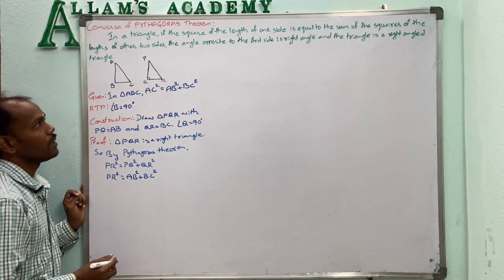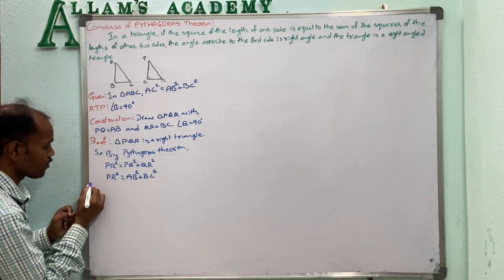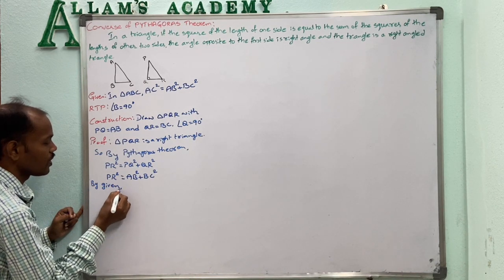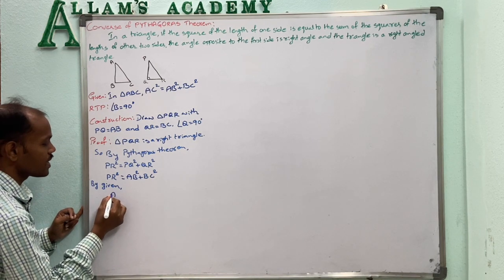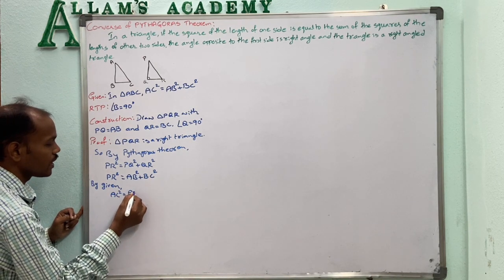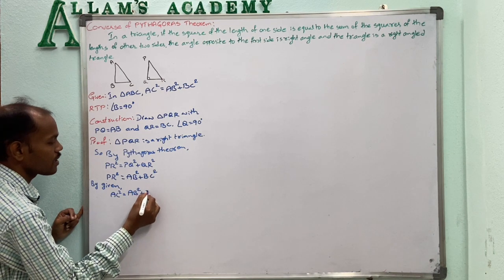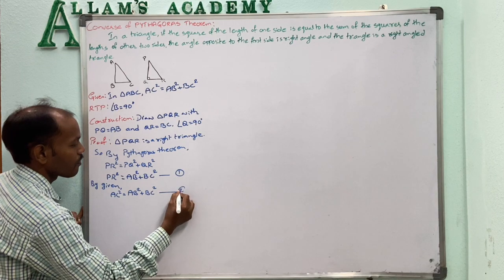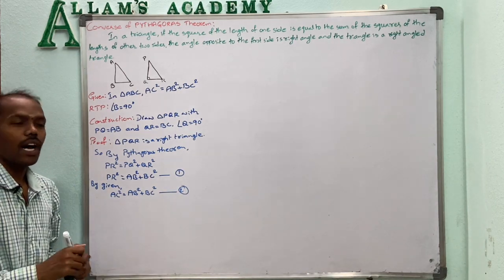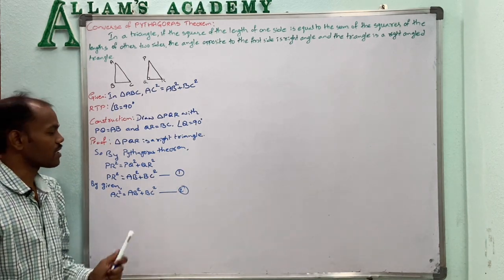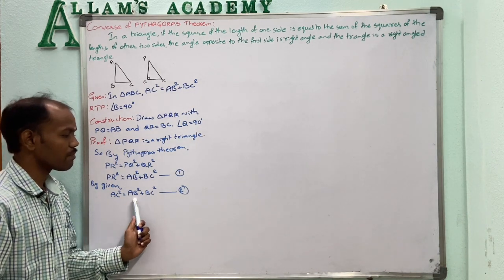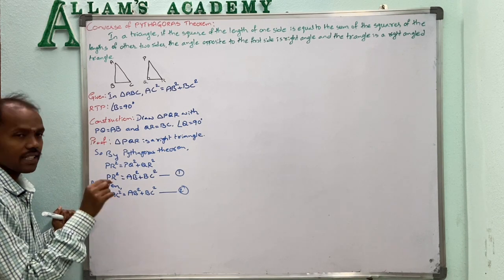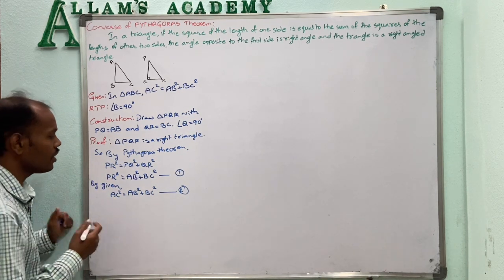Okay, but by the given, we know that AC square equal to AB square plus BC square. Now if we observe these two equations, the RHS AB square plus BC square is the same. So the LHS PR square and AC square are also equal.